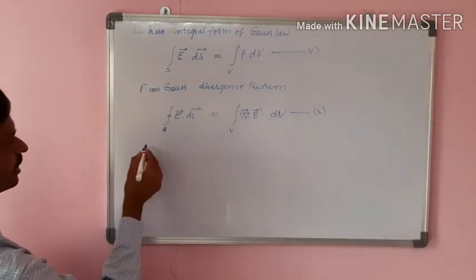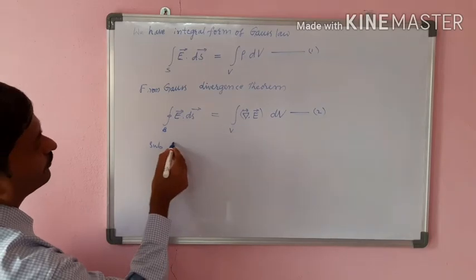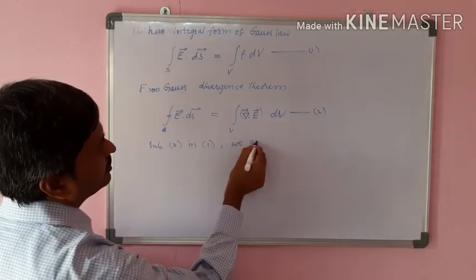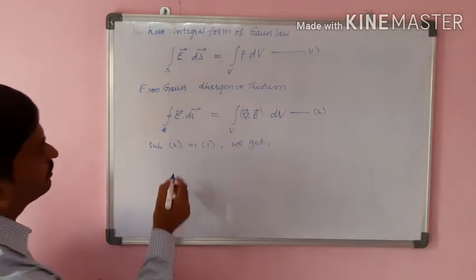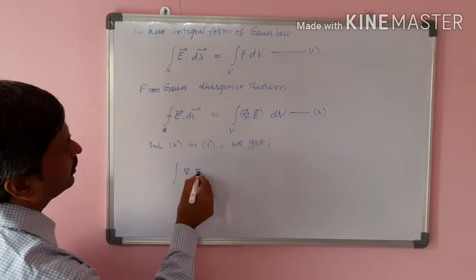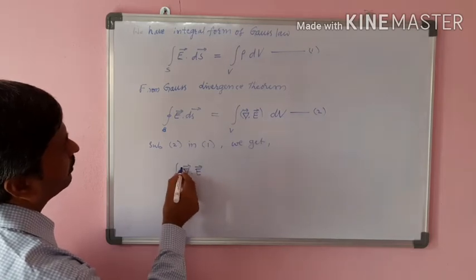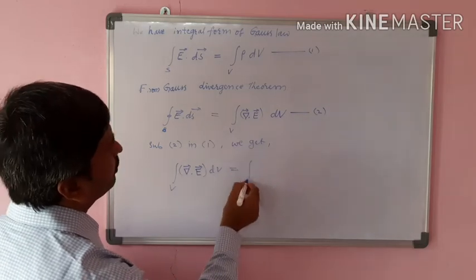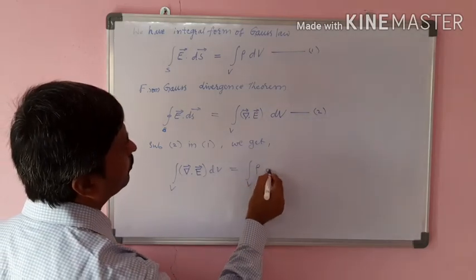Now substituting 2 in 1, we get volume integral of del dot E dv is equal to volume integral of rho dv.